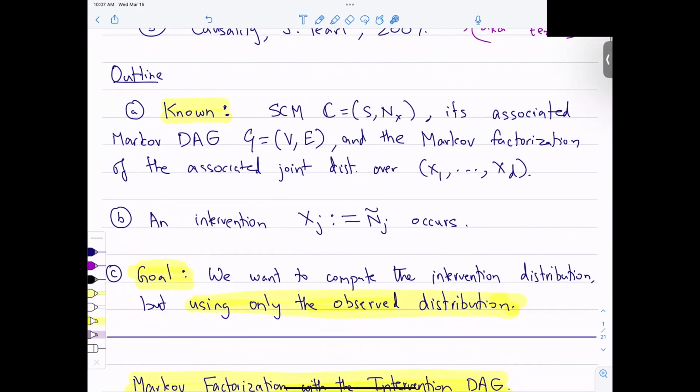And the goal is to compute the intervention distribution, but using conditional probabilities from the observed distribution. I keep saying using data from the observed distribution. What I really mean is that I have infinite samples from the observed distribution.